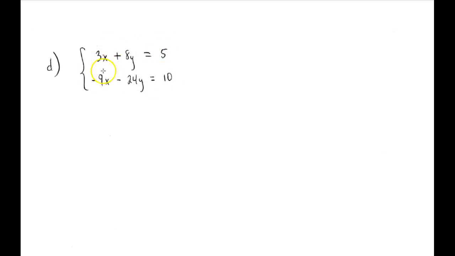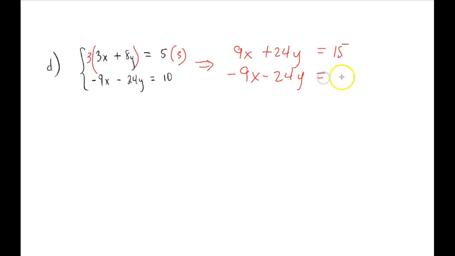So let's eliminate x this time. Let's multiply both sides of this equation by 3 and see what we get. The first equation is 9x plus 24y equals 15. The second equation remains the same.